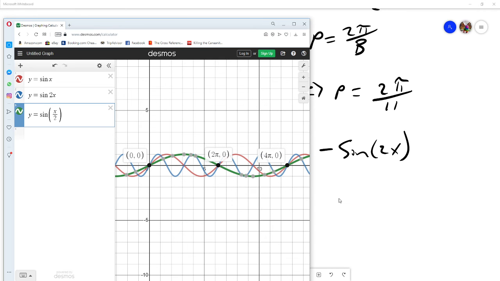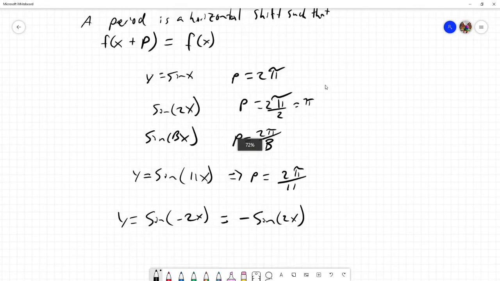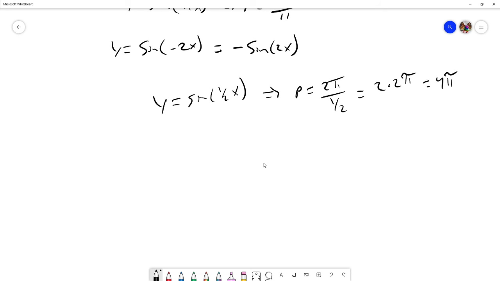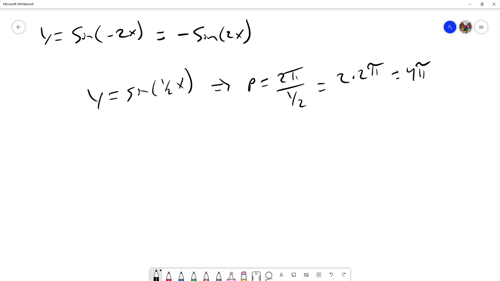So to explain what's going on there, we can just recall that if y is equal to the sine of 1/2 times x, that means the period is going to equal 2 pi divided by a half, which is the same thing as 2 times 2 pi, or 4 pi. Alright, so that explains graphically what we have going on here.